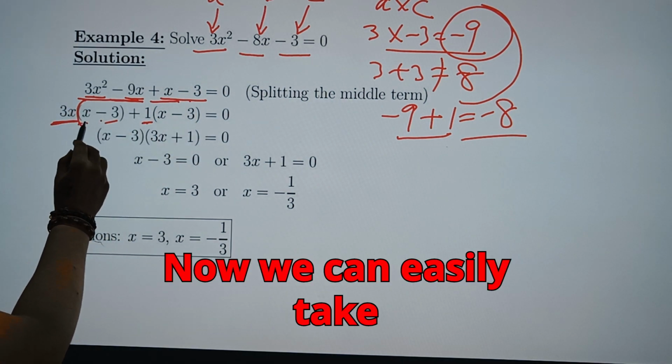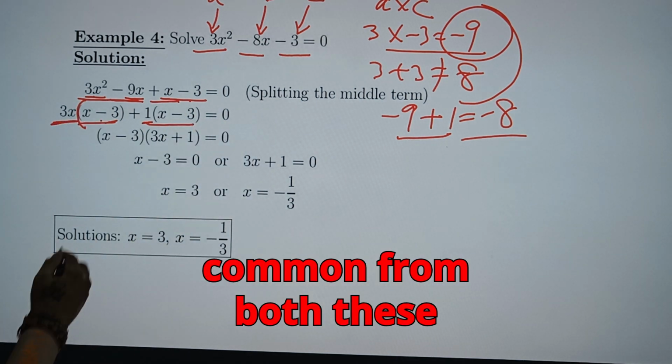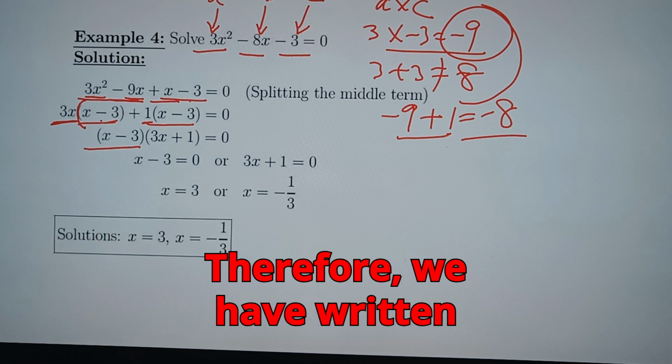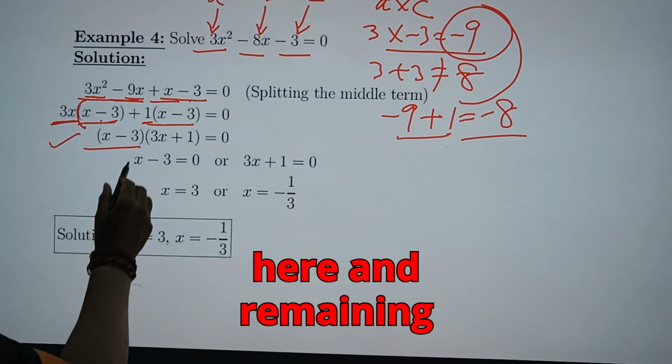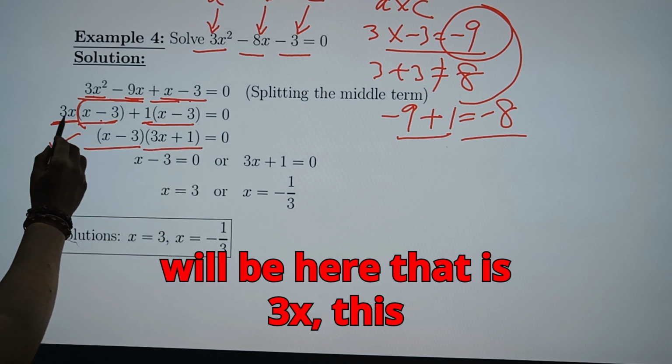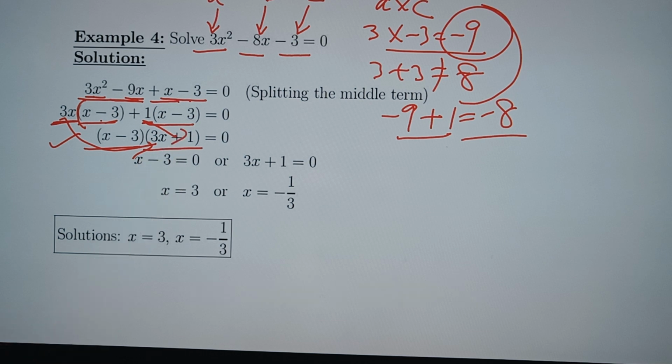Now we can easily take x minus 3 common from both these. Therefore we have written x minus 3 here, and remaining will be here, that is 3x plus 1.